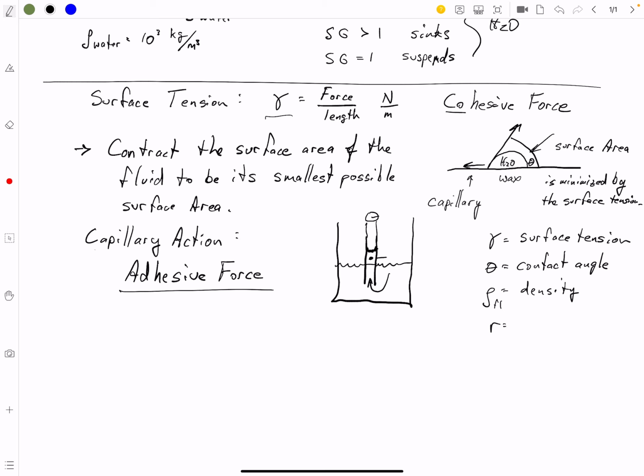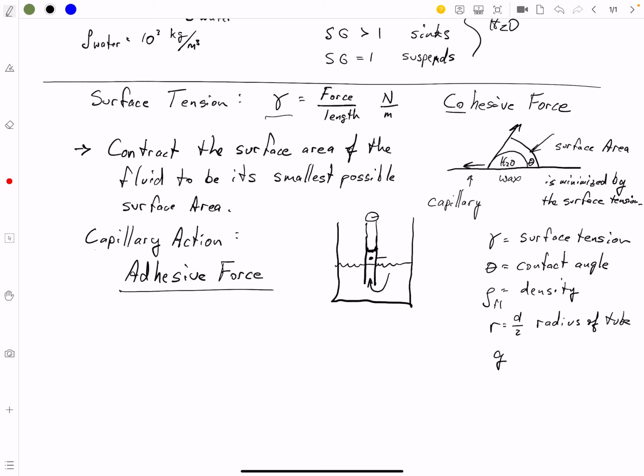So our radius is equal to the diameter over 2 of the pipette, usually given in diameters. So that's just the radius of the tube. And then we know g.